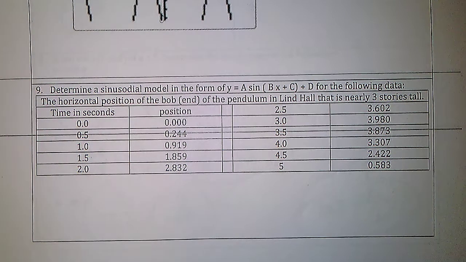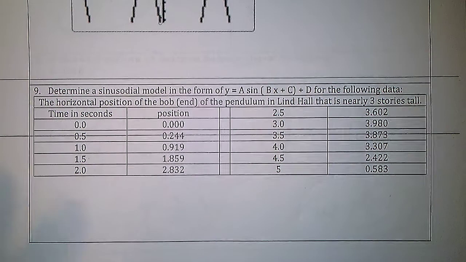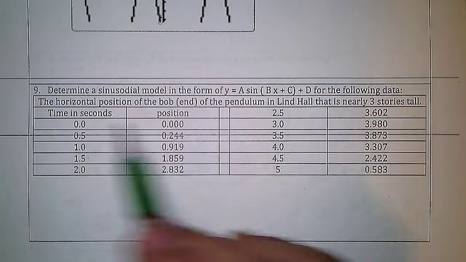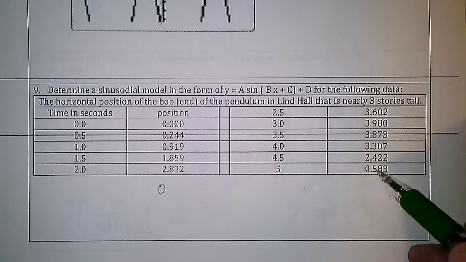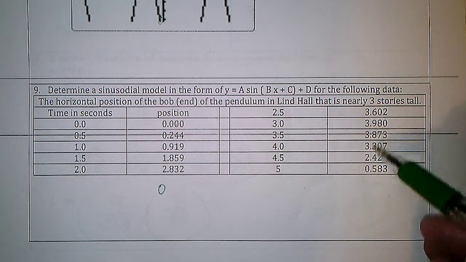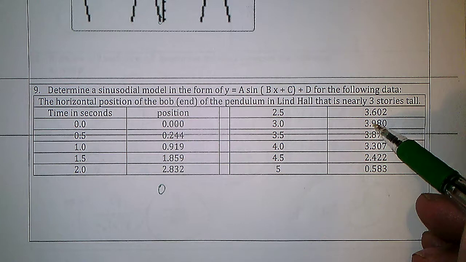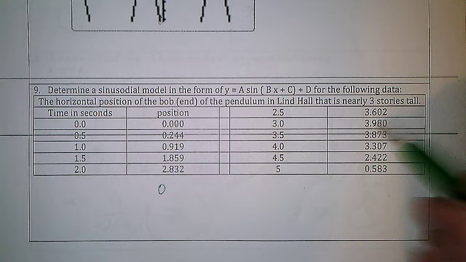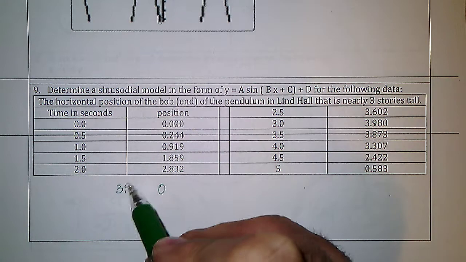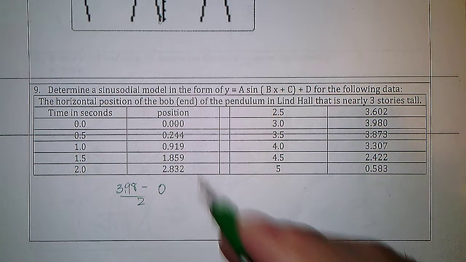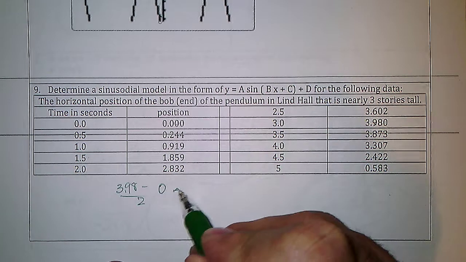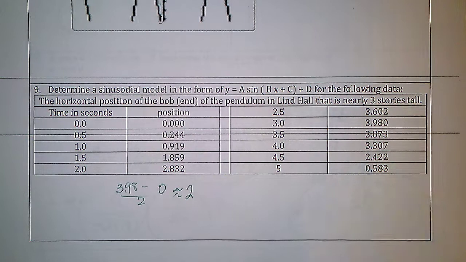Now, I'll do it manually first. So, the minimum is 0. The maximum is 3.98. So that's close to 4 divided by 2. So that's going to be approximately 2 for the amplitude.